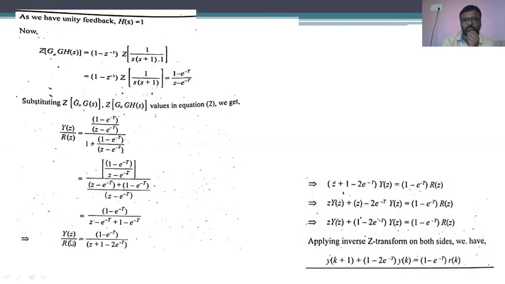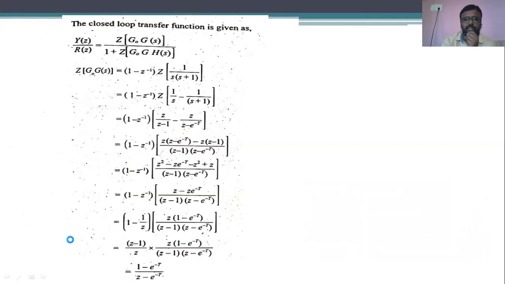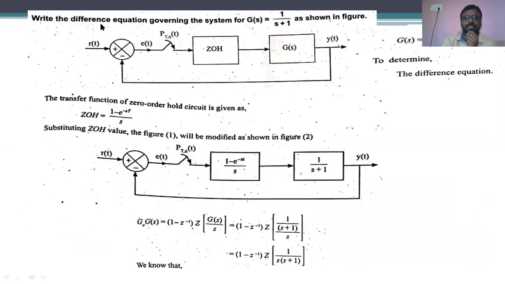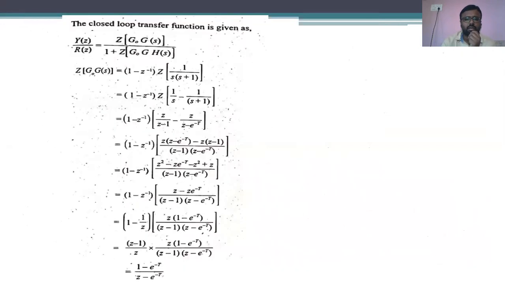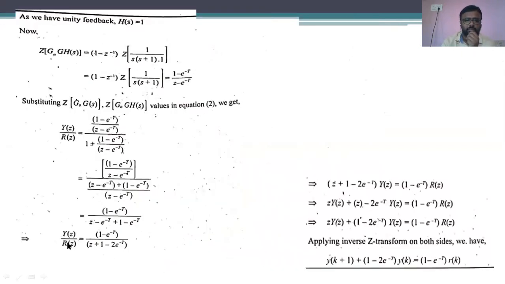In the problem itself he has asked us to extract the expression for the difference equation. So after obtaining the values of Y of Z divided by R of Z, just cross multiplying these two and applying the inverse Z transform, we obtain the difference equation for the particular closed loop system.